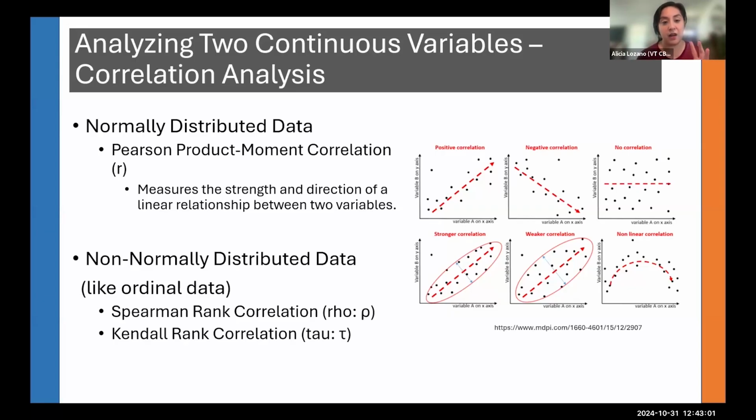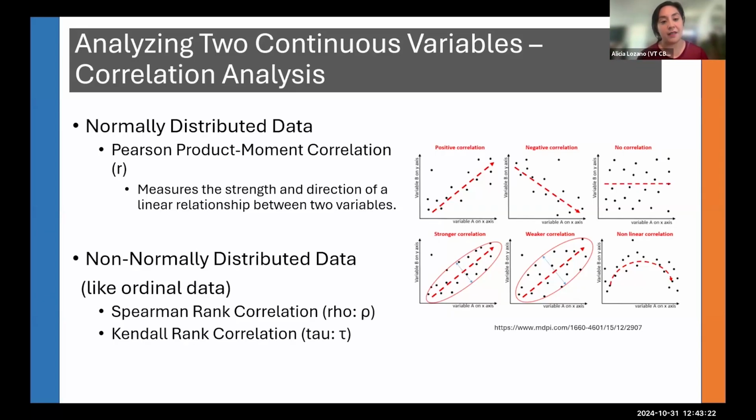The figure on the right shows the directionality on the top row: positive correlations pointing upwards, negative correlations pointing downwards, and no correlation showing somewhat of a flat line or points in no particular pattern.